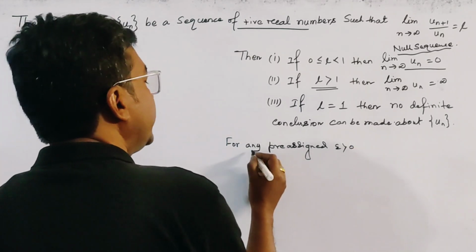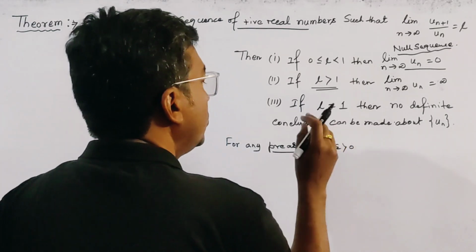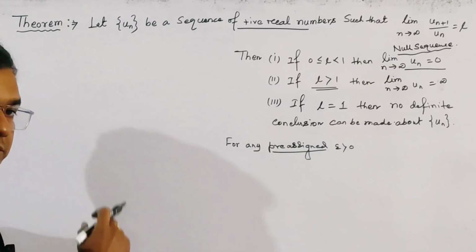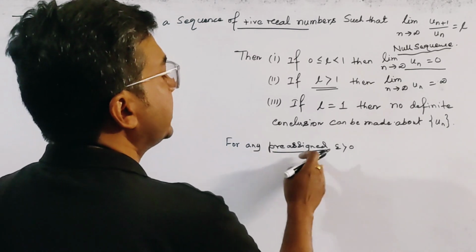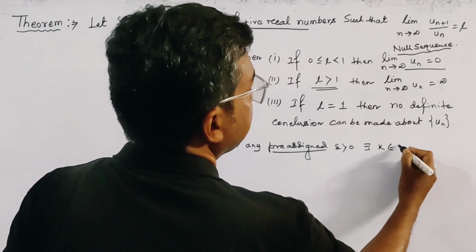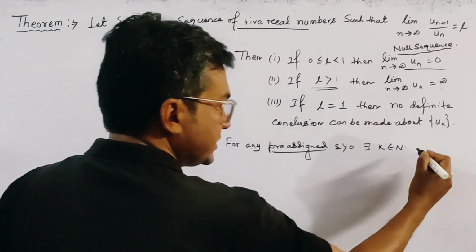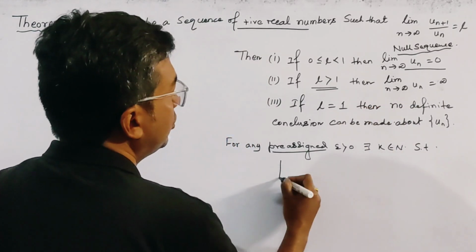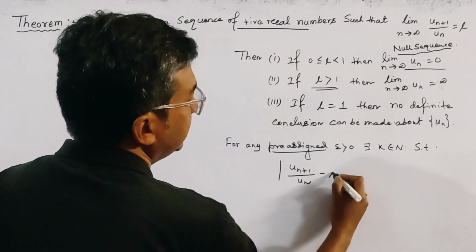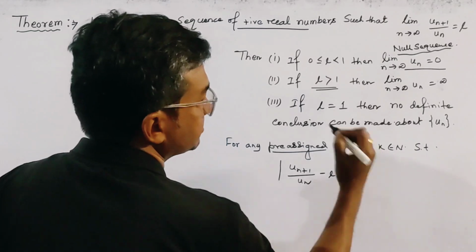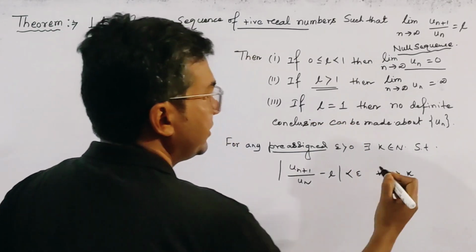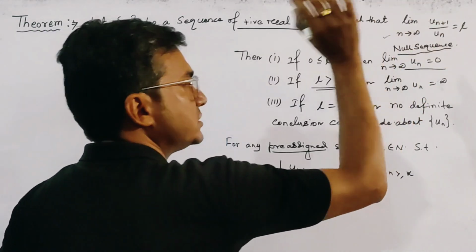Pre-assigned means we can choose the value of epsilon as we want. So for any pre-assigned epsilon greater than 0, there exists a natural number k such that mod of un plus 1 by un minus L is less than epsilon for all n greater than or equal to k. This is the definition of the limit of a sequence.